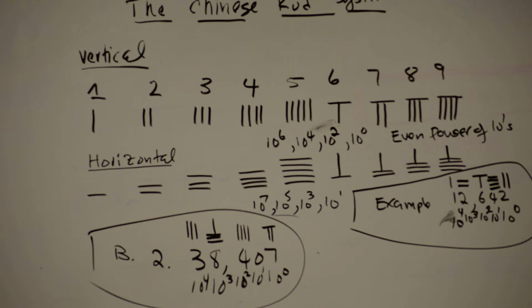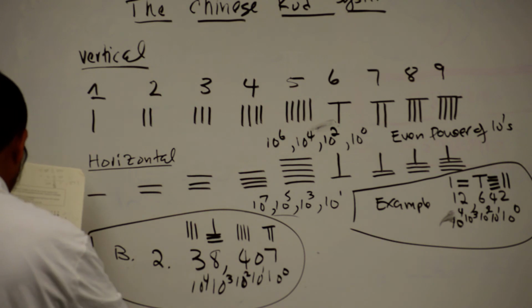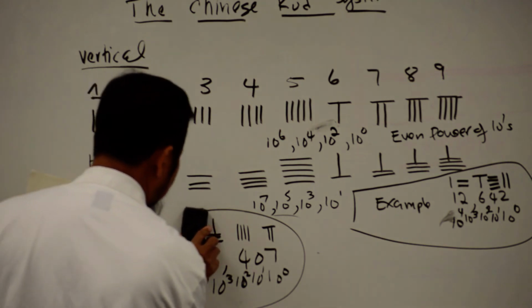Okay. Let's try to add and subtract in the Chinese number system, or rod system, without changing to our number system. I'll do one here. Let's try C, small a.